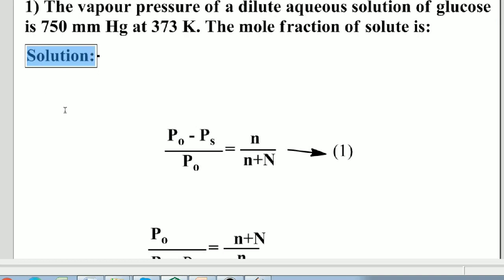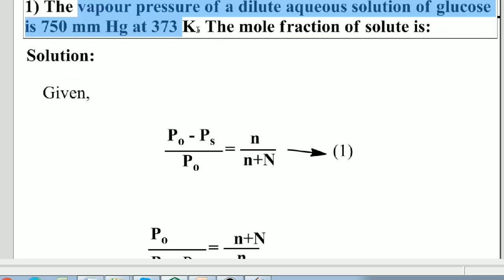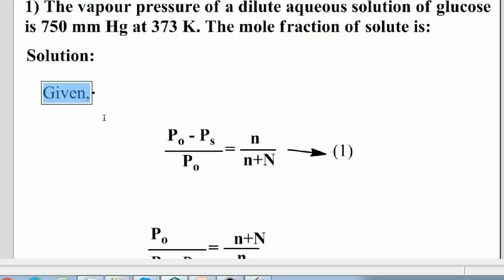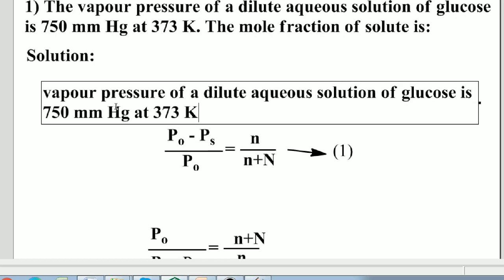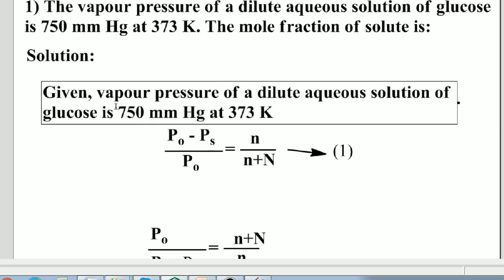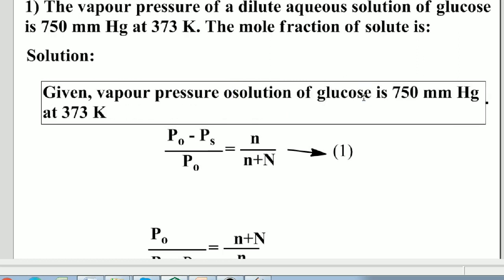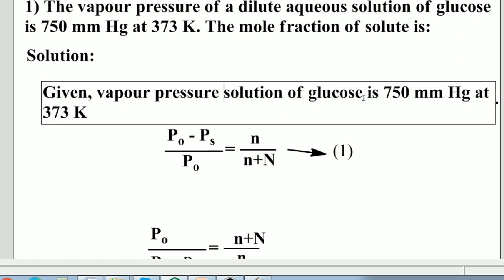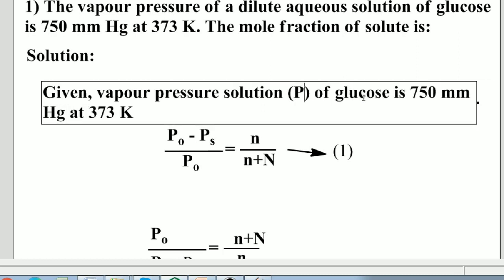Given: vapor pressure of a solution at 373 Kelvin. Students, we know that the vapor pressure of a solution is denoted with Ps.